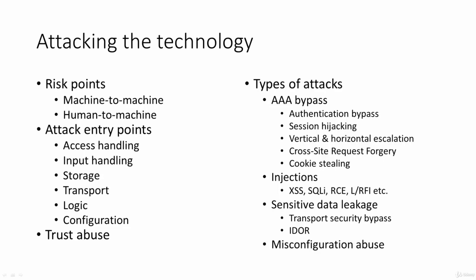and see what more specific entry points, what these connection points could look like in the real world. So of course it's access handling. Every time a human or another process has access to an application, sometimes when access is not public, not allowed to everyone, it's essential to have some access control.